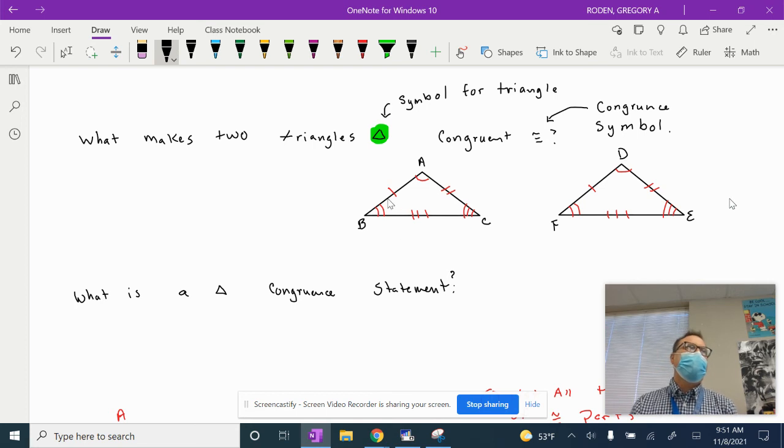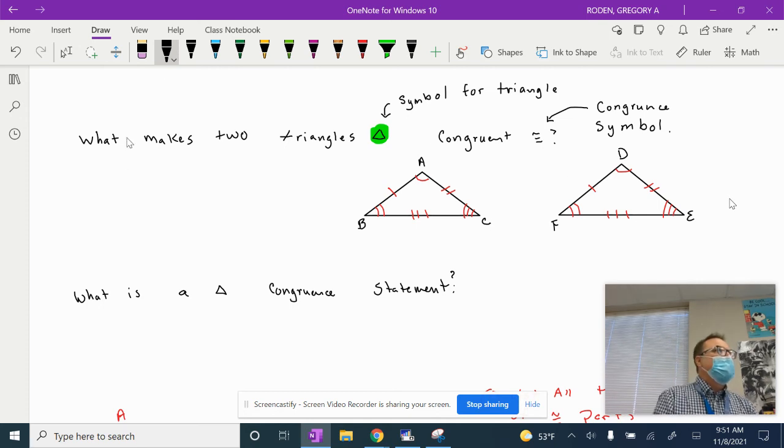Now remember, what do those slashes mean, guys, on the side? Like I have one slash on this triangle. Notice I have one slash over here. What does it mean to each have one slash on their side? That means they're congruent, right? You guys see that? And likewise with the arcs, the angle and the arcs. Now, there's different ways that different people symbolically do it, but this is a pretty standard way of doing this.